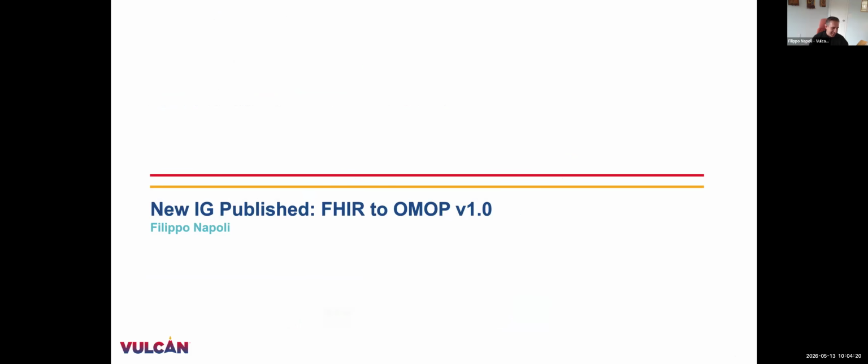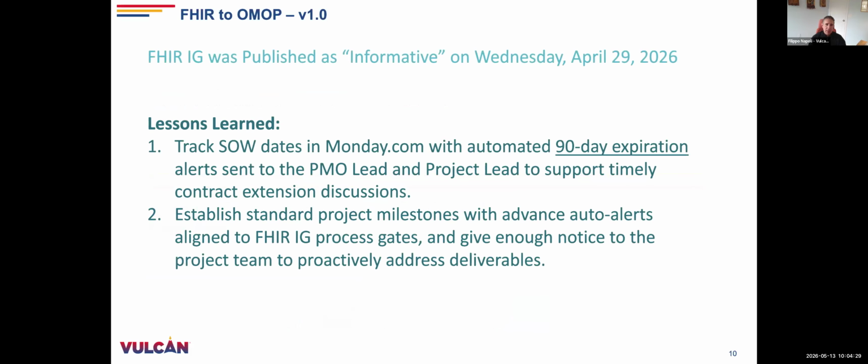Okay, I'm here. Filippo, I know you're here. I'll hand it to you. Thank you. So I'm here to give you a quick update on FHIR to OMOP version 1. The good news is the IG was published on Wednesday, April 29th. As a reminder, it is an informative type of IG, which means you can use it, but it didn't have such robust structured components, which is why it had to go with that informative label.